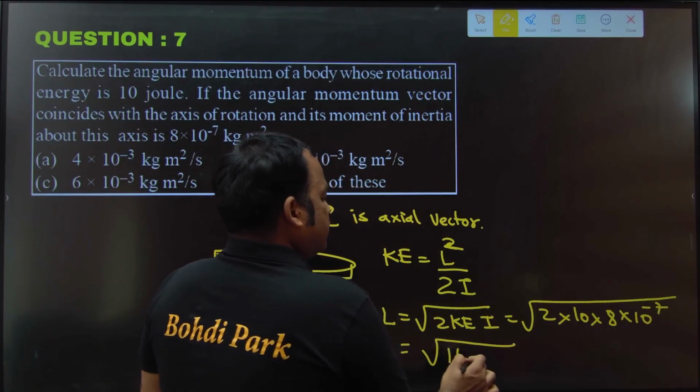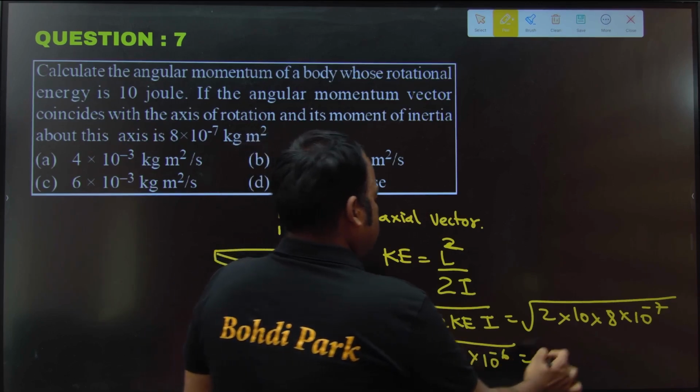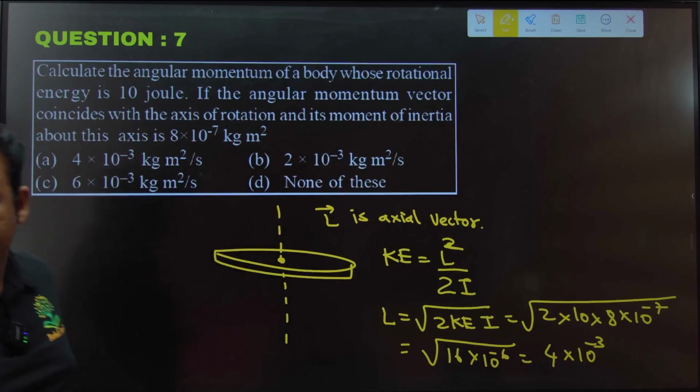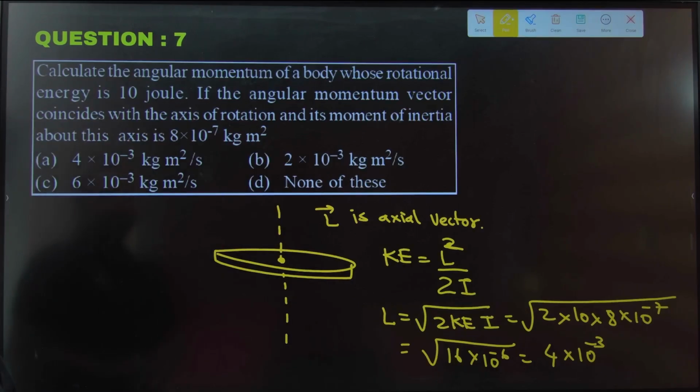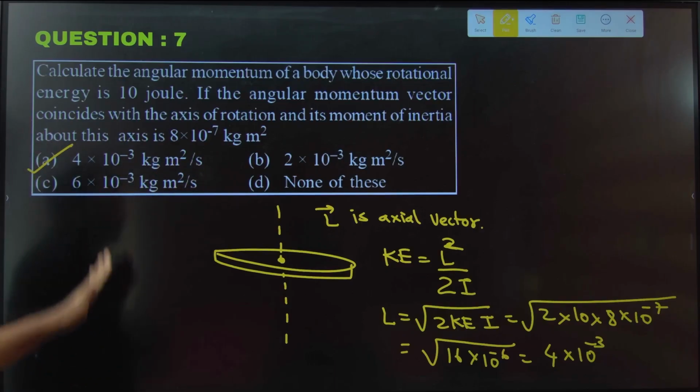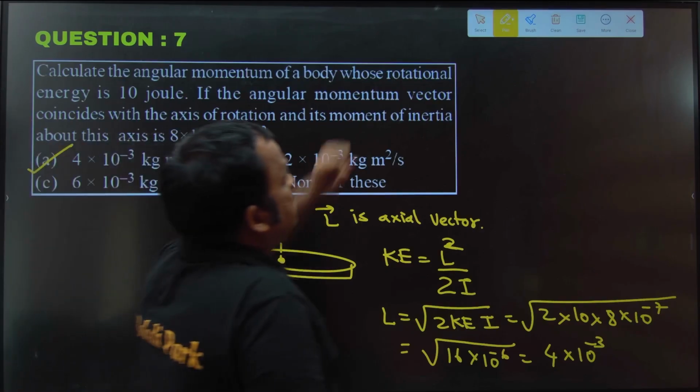That is equal to square root of 16 into 10 raised to minus 6, or 4 into 10 raised to minus 3. So first option, and this is the unit kg meter square per second. Clear? Next question.